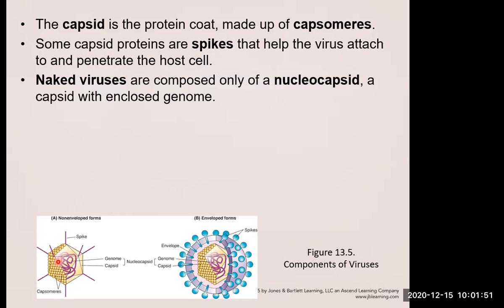So if we look over here in part A of this figure 13.5, this non-enveloped form we can describe as a nucleocapsid because it contains a nucleic acid surrounded by a capsid. It lacks an envelope. So we could call this a non-enveloped form of a virus, or just strictly a nucleocapsid, or a naked virus.